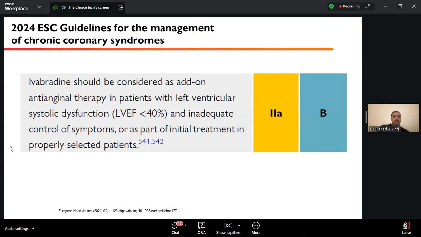That's why in the ESC guidelines 2024, ivabradine has been upgraded to 2A, especially in patients with low ejection fraction of less than 40%.